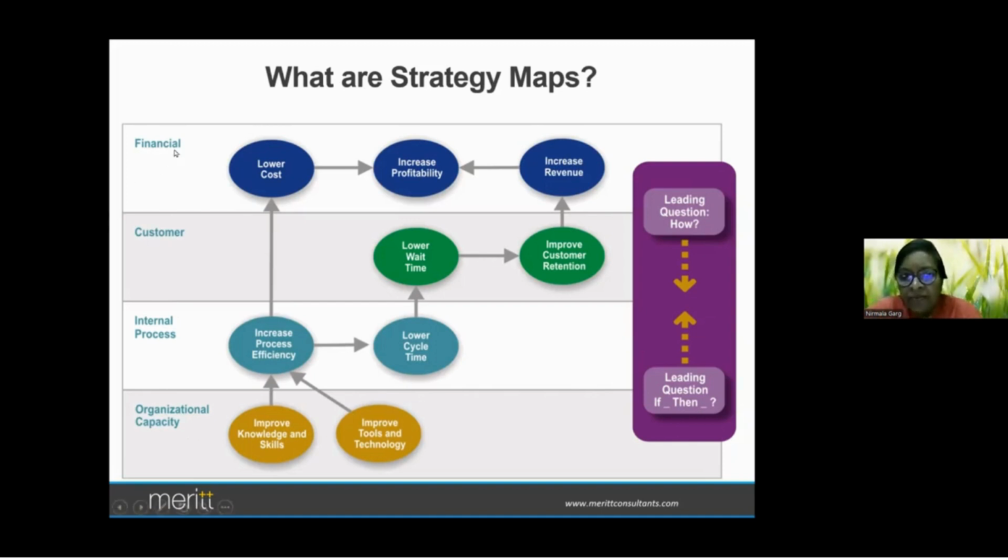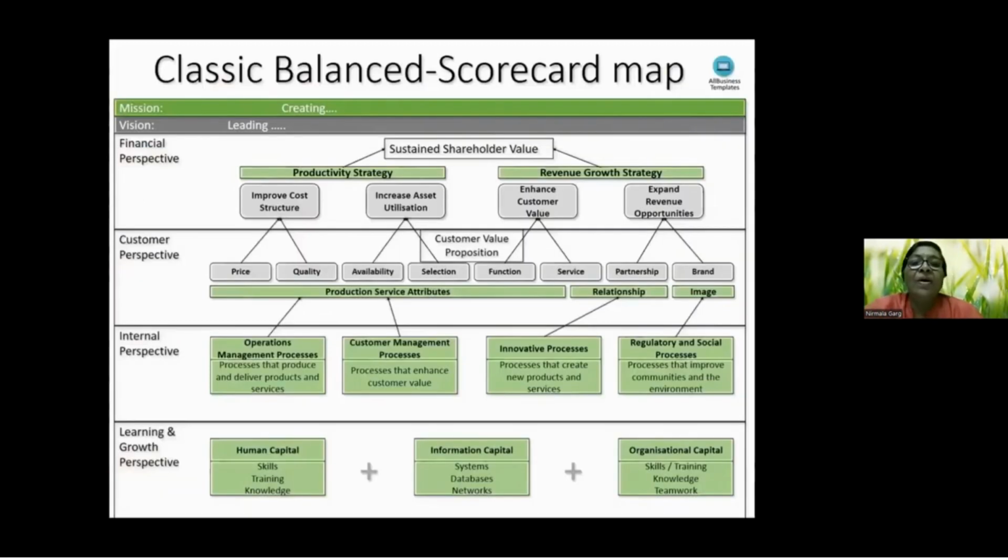So typically, if the financial dimension has to be measured, how is it measured? Anybody? Profitability, revenue, EBITDA.